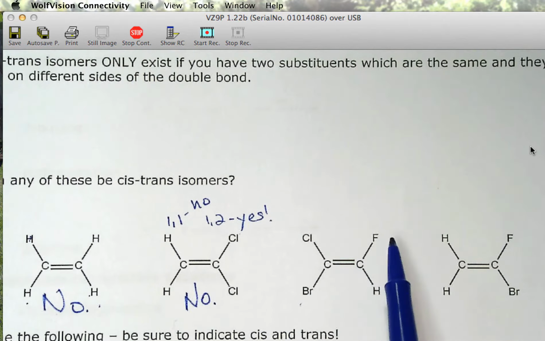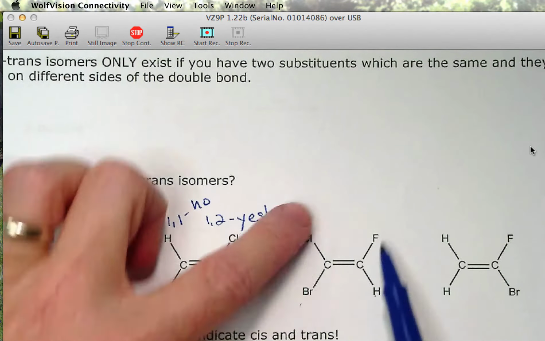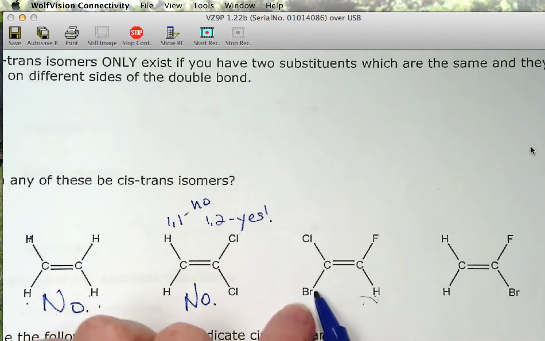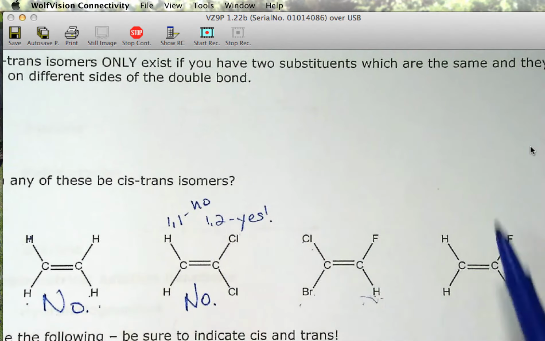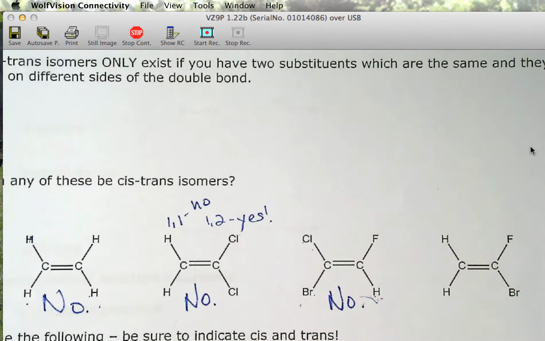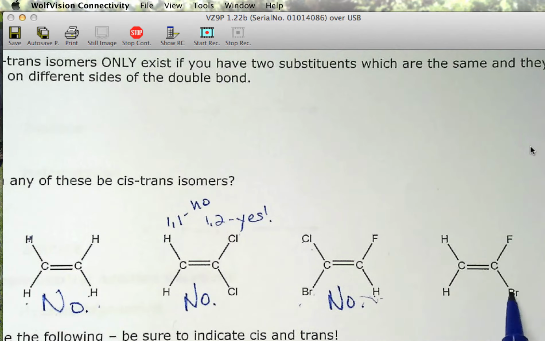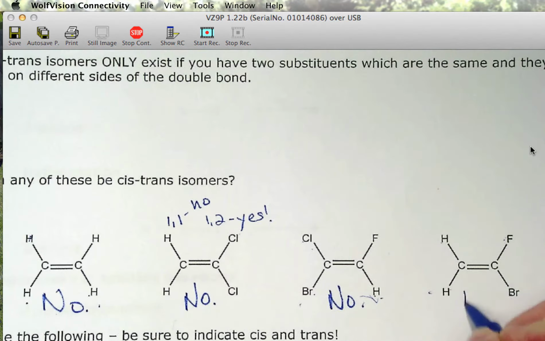Because this doesn't have two of the same substituents across that double bond, no. And the same thing here, with bromo. You don't have anything that's the same. So that's another no.